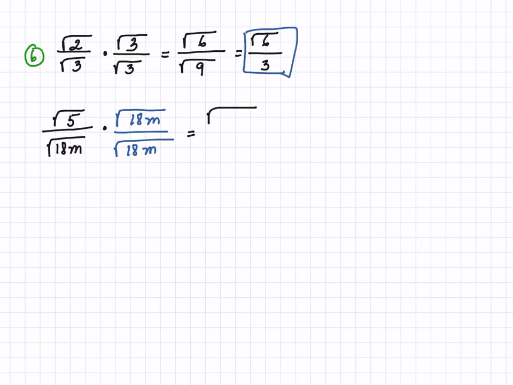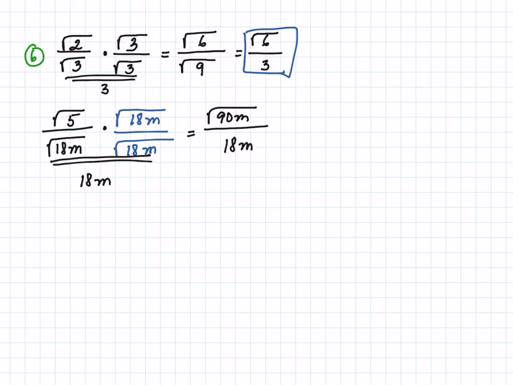The top should be square root of 90m. In the future, if you multiply a square root by itself, the final answer is what's inside, 18m. Same thing up here, so I should have 18m on the bottom.